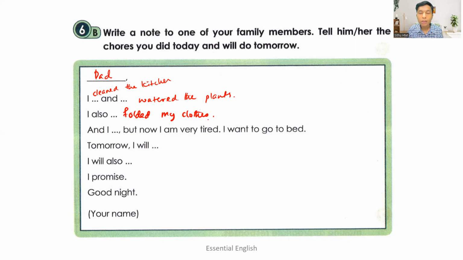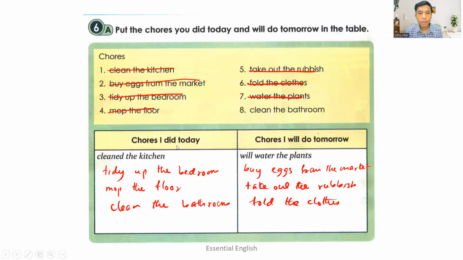If you don't know which chore to write, you can use the chores in exercise 6A. So I have used cleaned the kitchen, and I also used folded my clothes and tidy up the bedroom.